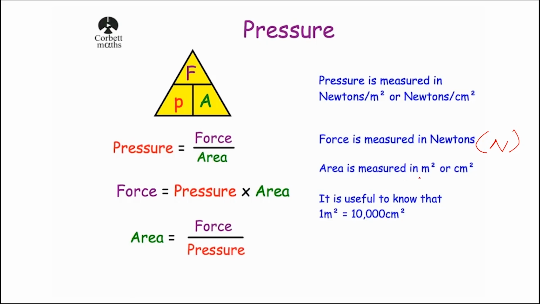Area is measured in meter square or centimeter square. An important note is, it's useful to know that 1 meter square is equal to 10,000 centimeter square. This you need to remember. 1 meter square is equal to 10,000 centimeter square.